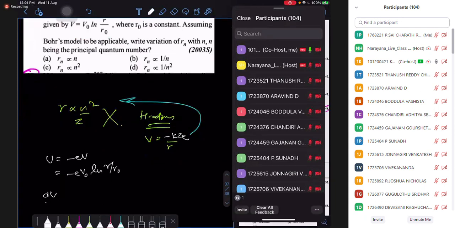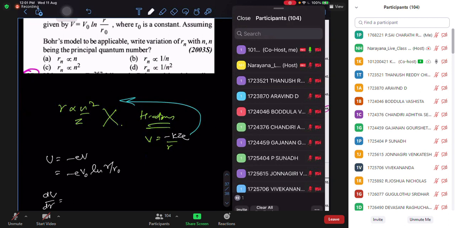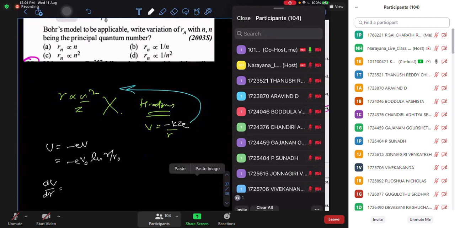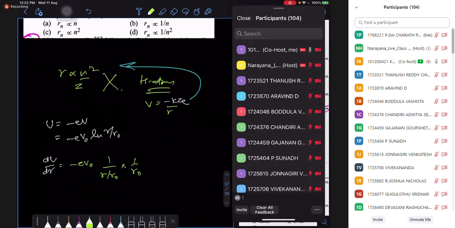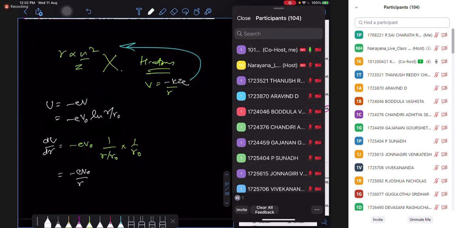If I differentiate the potential energy, the negative of that gives me the force value. The force value will be minus EV naught. I differentiate the log, which gives me R by R naught into 1 by R naught. Overall, R naught is going to be cancelled out. And I'm getting minus EV naught by R. That is my potential energy.